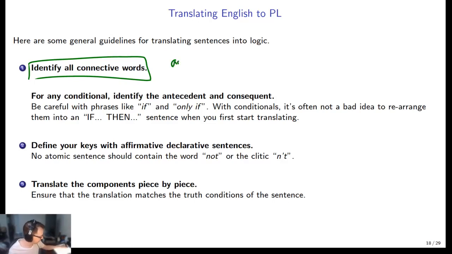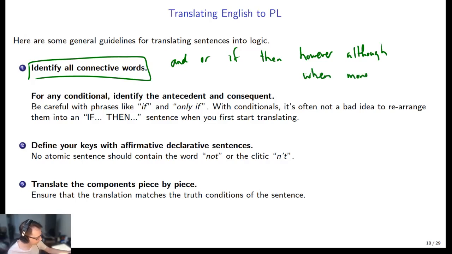So words like and, or, if, then, however, although, when, moreover, if and only if, unless, all of these words in English that you consider to be conjunctions. These are words that you should be identifying and isolating from the rest of the sentence. If you want to underline them or box them, words like not as well, just so you're aware of where they are.